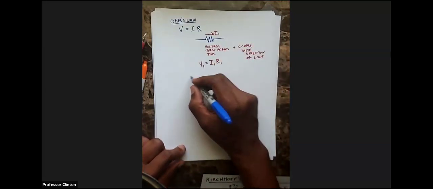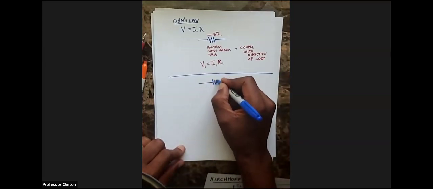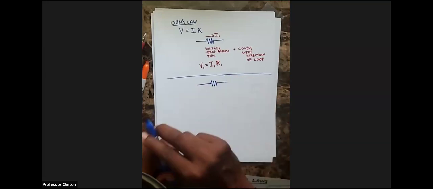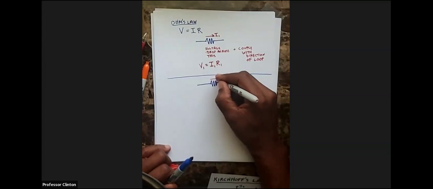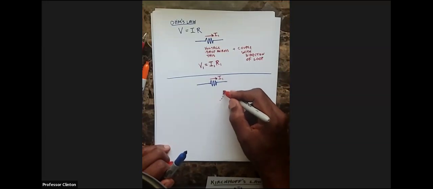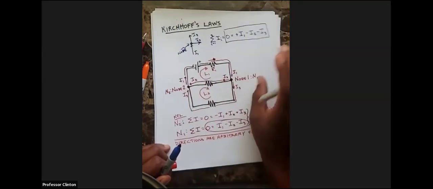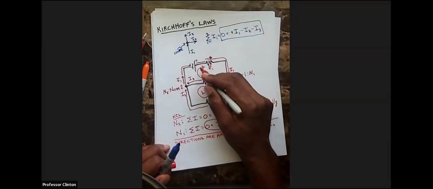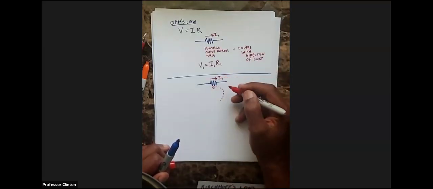Now, let's say for purposes of this example, we decided that our current still goes in the same direction, I1, but we decided to analyze the loop in the other direction. That means L1 would have been going against the direction of the current.